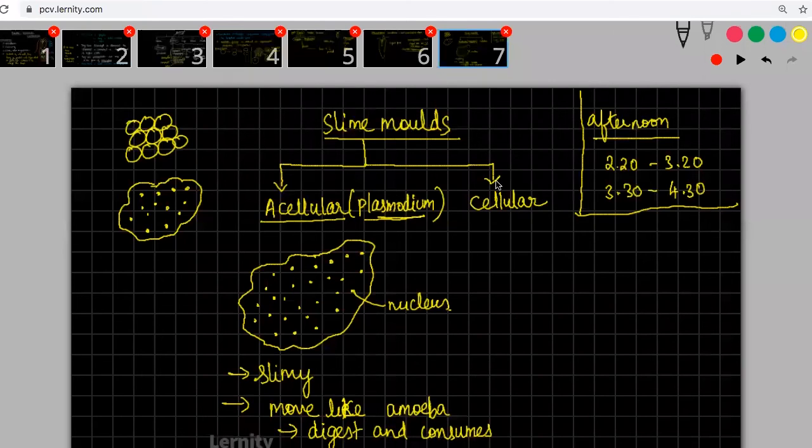Okay, so now if you're going to talk about cellular type, you will be able to see the same thing, but it will be distinct.